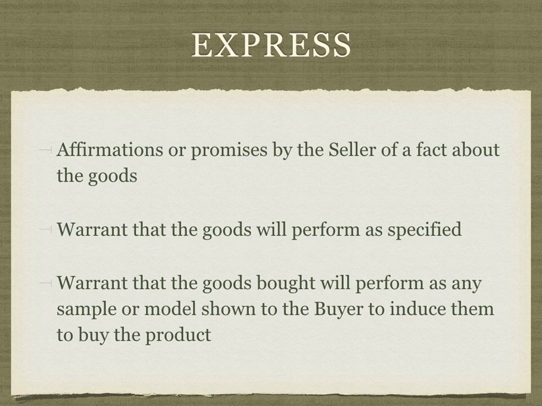When I offer you an opinion about how this is probably the best sliced bread ever, that's a little bit different than saying that the bread is edible or the bread is going to work for the recipe that you need it for to make stuffing. Those are factual statements, not opinion or puffery. So it has to be a factual statement about how the goods are supposed to work or how long they're supposed to work and so on.